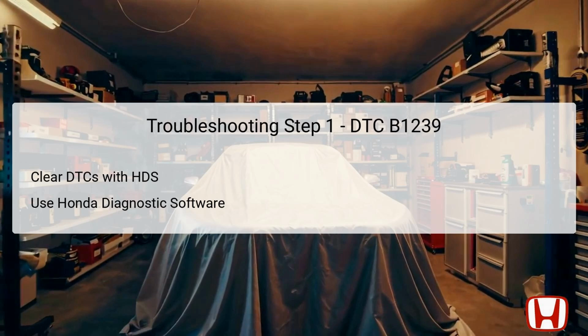After clearing, the ignition switch must be turned to the lock position and then back to the on position. This action restarts the electronic systems in the vehicle, preparing them for the diagnosis of the existing issues. This reset is vital for ensuring that any transient or intermittent fault is accurately documented in subsequent diagnostic steps.